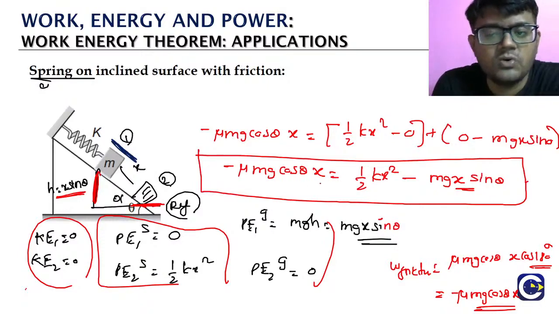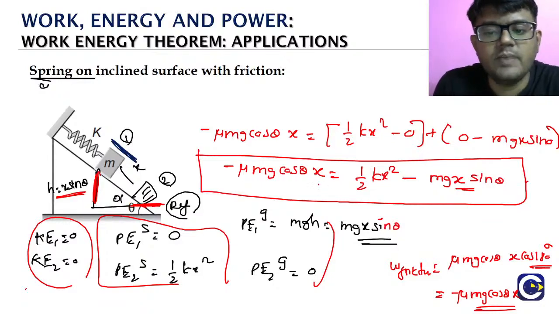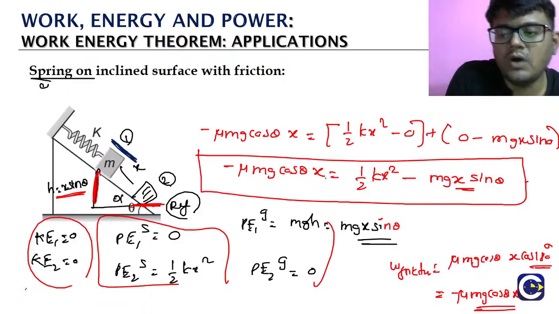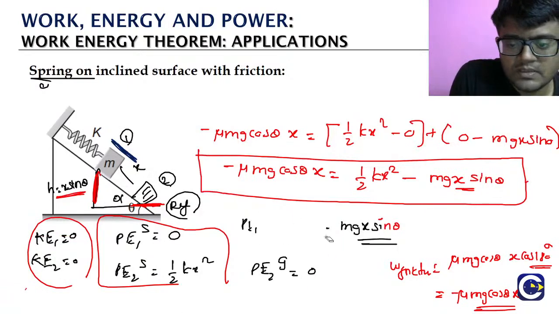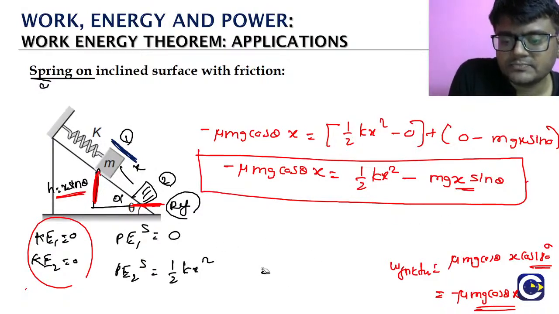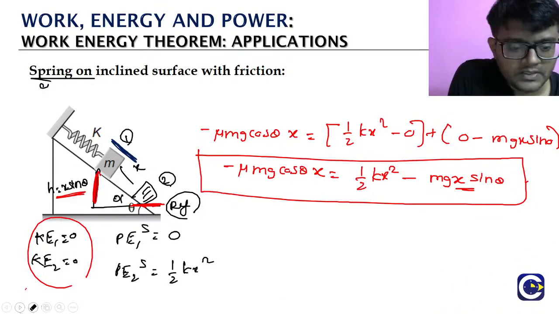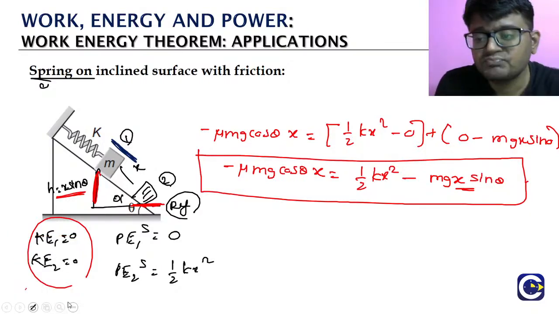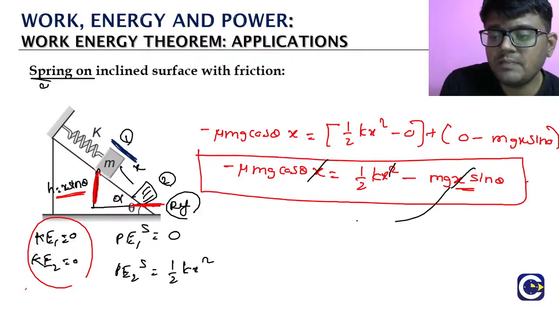If you want to know the value of x, you can cancel one x. This is not an exact quadratic, but a quadratic equation without the constant term; there is only the x squared term and the x term. So we will cancel 1x on both sides and take the other term to that side.